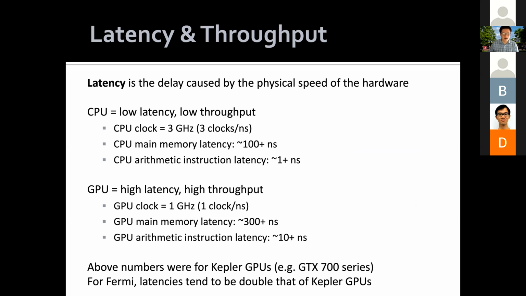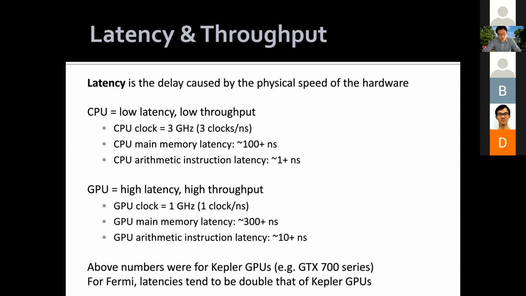As I mentioned, the GPU is developed for high throughput and the CPU is developed for low latency. How low is the latency for the CPU? For the CPU, memory latency is about 100 nanoseconds, and arithmetic instruction latency is only about 1 nanosecond.